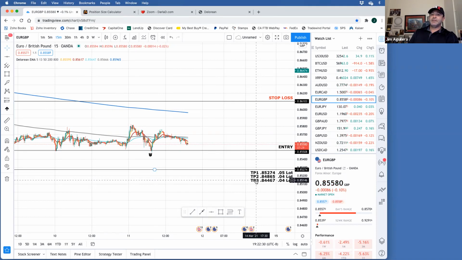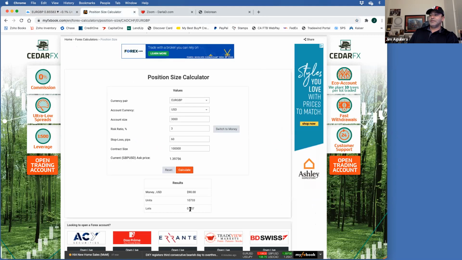We got to divvy up that 2% across all 3 of these positions. So you can ignore my lot sizes here, but in the example here, we have a total of 0.10. We could round up to 0.11. So we have a total of 0.11 to divide up between 3 different trades.